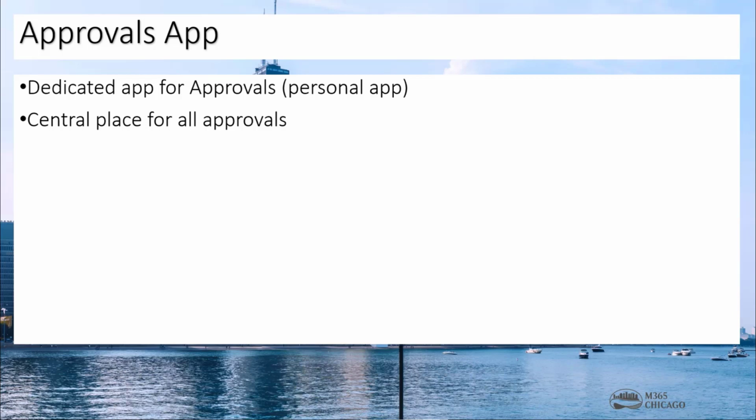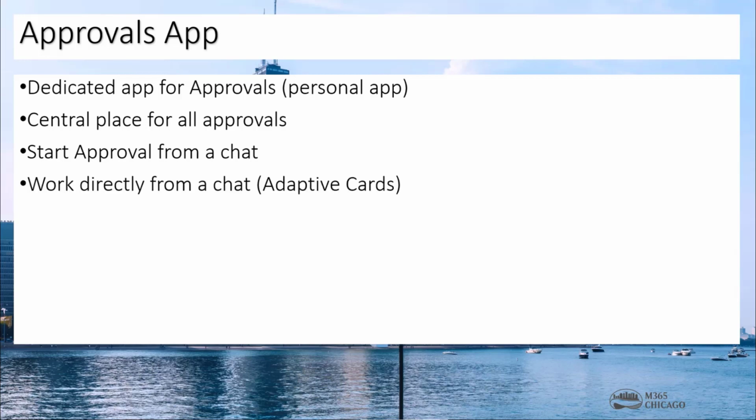This is one place. You don't need to switch between windows, applications, tabs, etc., because it's a native application integrated with Teams. You can start approval directly from Teams and even directly from a chat. So you can take some actions from Teams, from chat. You don't need to switch. You don't need to go to email as in classic Power Automate approval.